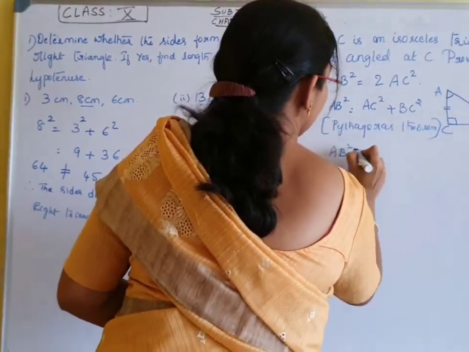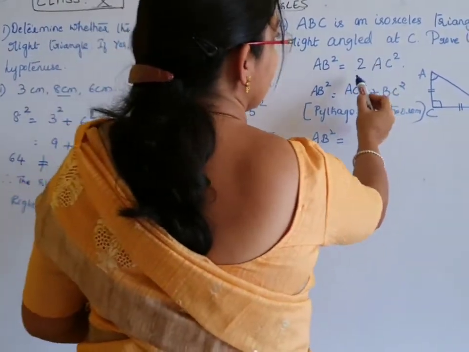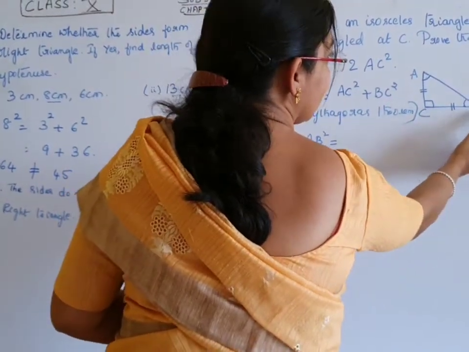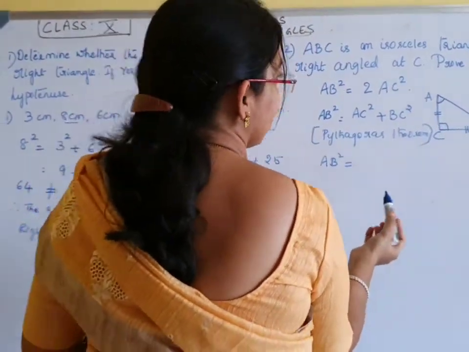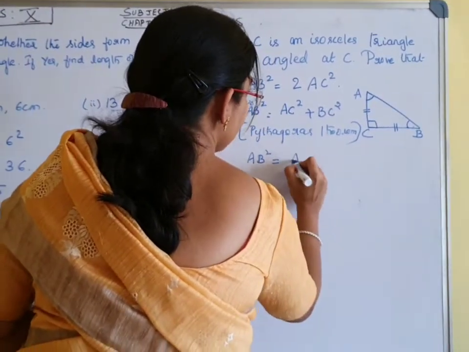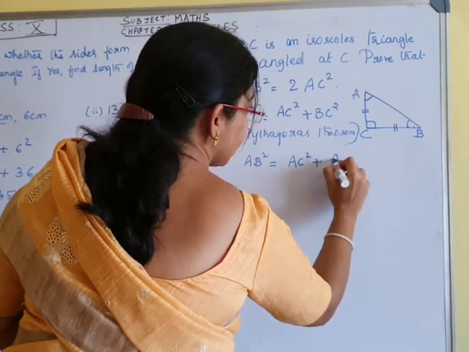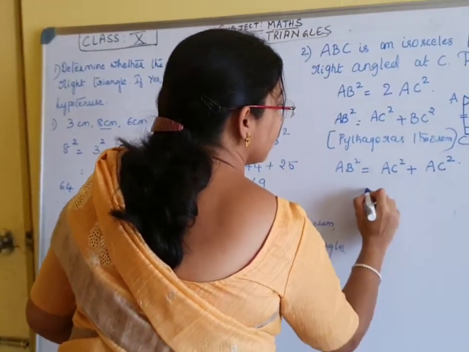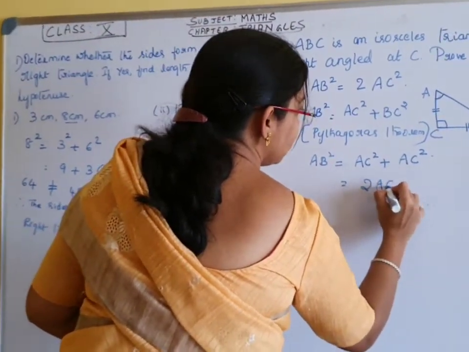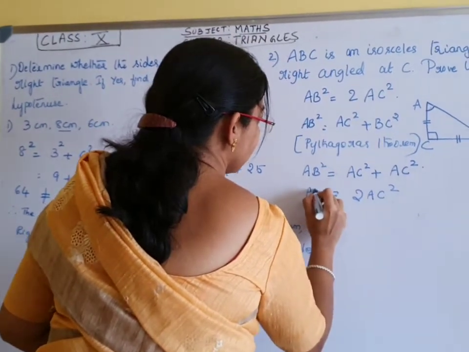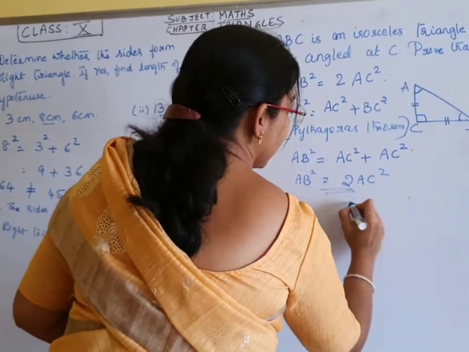Here we know AC is equal to BC, because it is an isosceles triangle. In place of BC we can write AC. This is nothing but 2AC square. Hence proven.